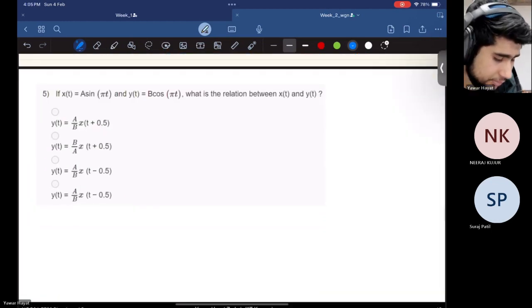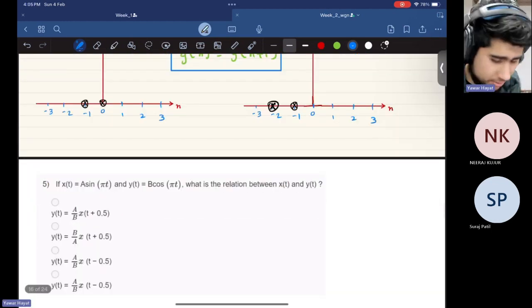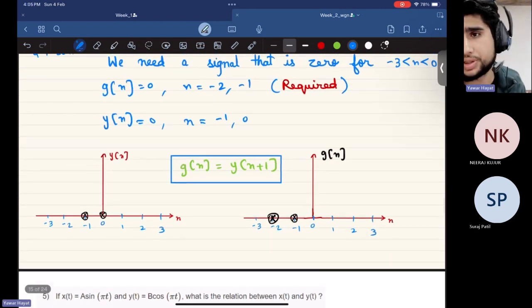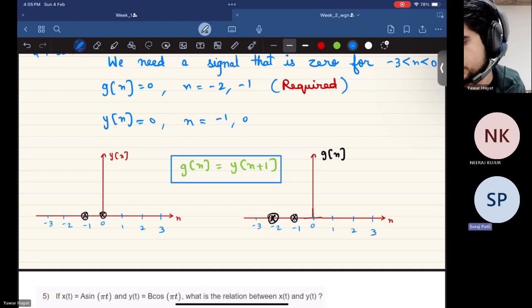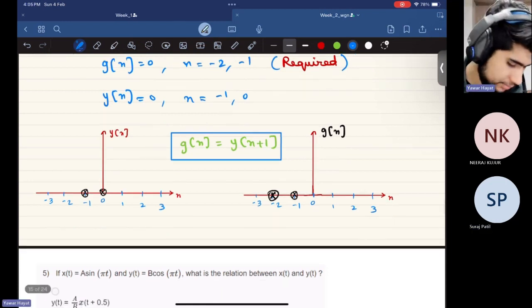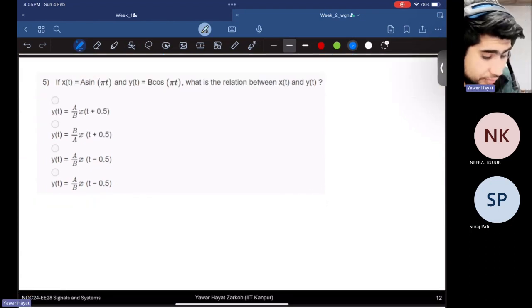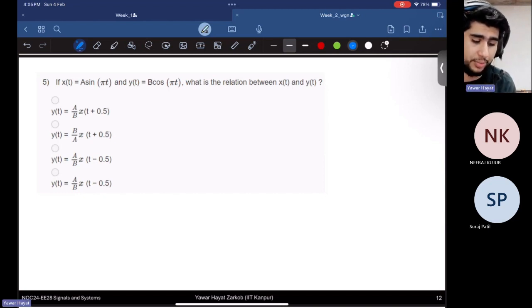Now the next question. Is this question clear though? For the other two people, Suraj and Om Kohli. Yes, sir. Okay, I'll move to the next one. x of t is a sine of pi t and y of t is b cos of pi t.